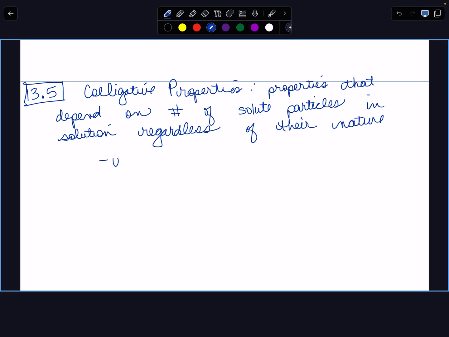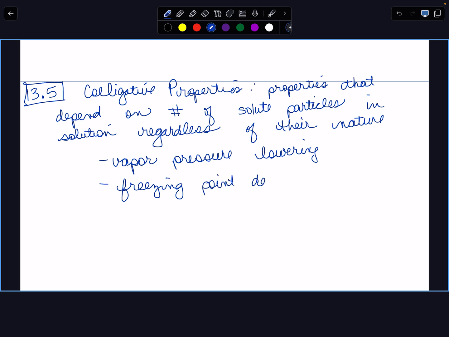There are 4 colligative properties. They are vapor pressure lowering, freezing point depression, boiling point elevation, and osmotic pressure.